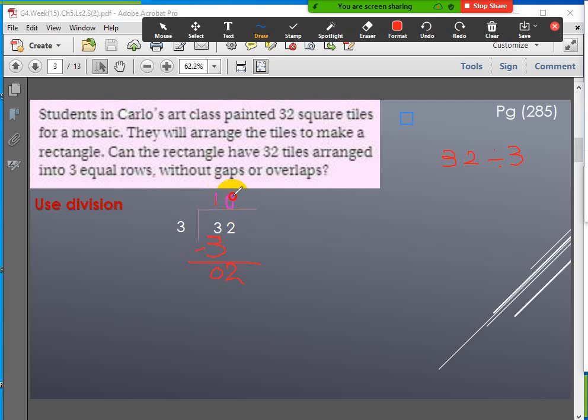So I will put 0 in the ones digit and I will multiply 0 by 3. It equals 0. Then I will subtract. 2 minus 0 equals what? Okay. 2 minus 0 equals 2.